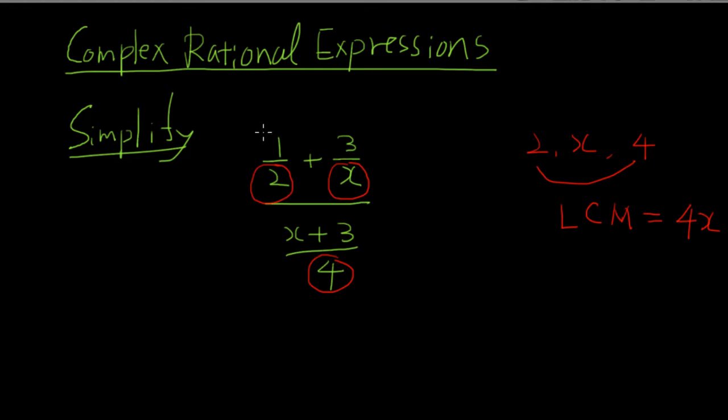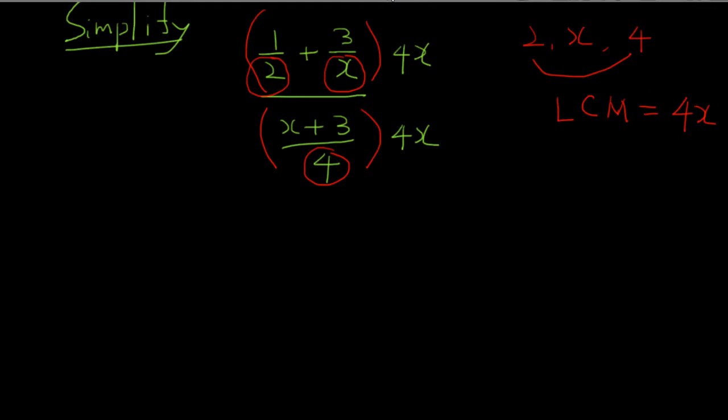So what we are going to do to the top and the bottom is multiply 4x and 4x like this. What it does is cancel all the denominators.